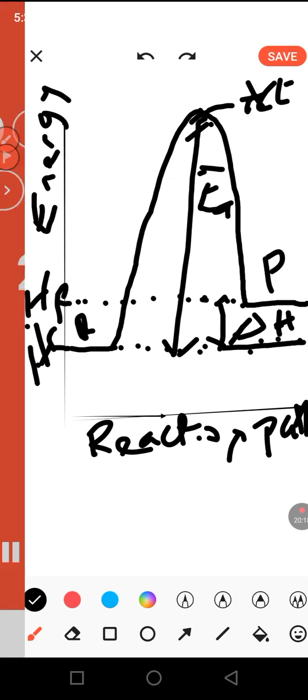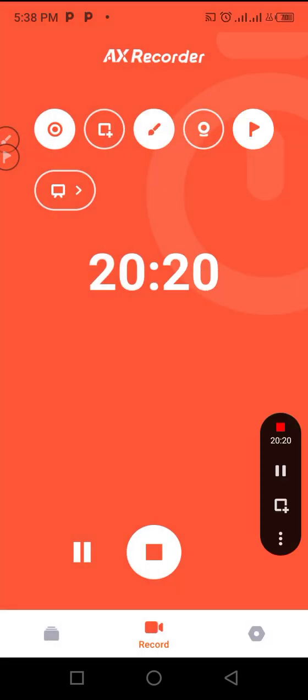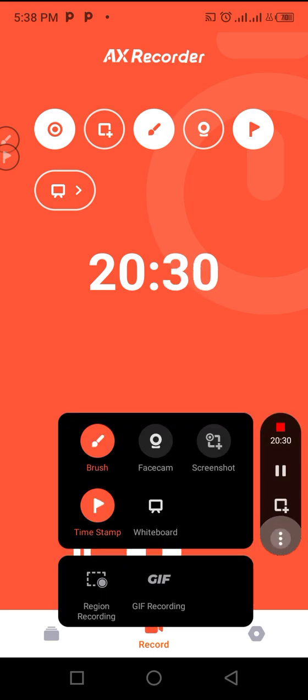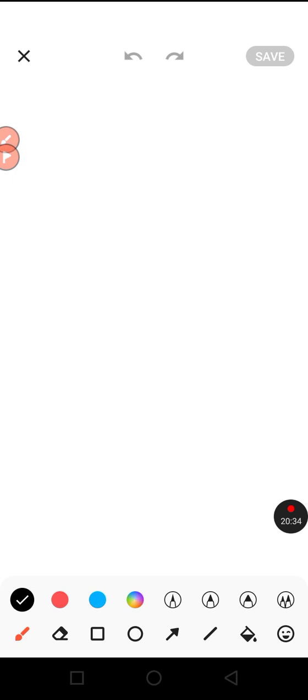That is what a catalyst does. So it lowers the activation energy in a reaction. Now let's look at how this catalyst can affect the energy profile diagram for a given reaction.